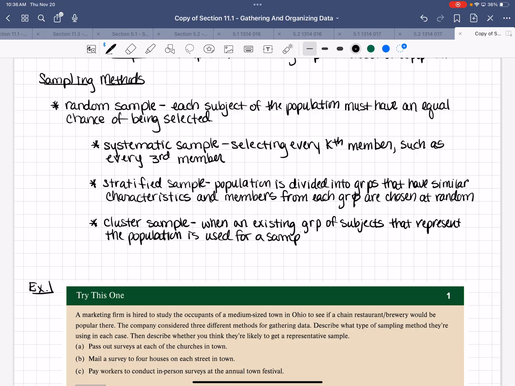Okay, guys, a cluster sample is kind of like, say you got a new business and you want it to come to Tyler, but you really don't know if that business is marketable in Tyler. But at the time that you're trying to make that decision, the fair's going on in Tyler.